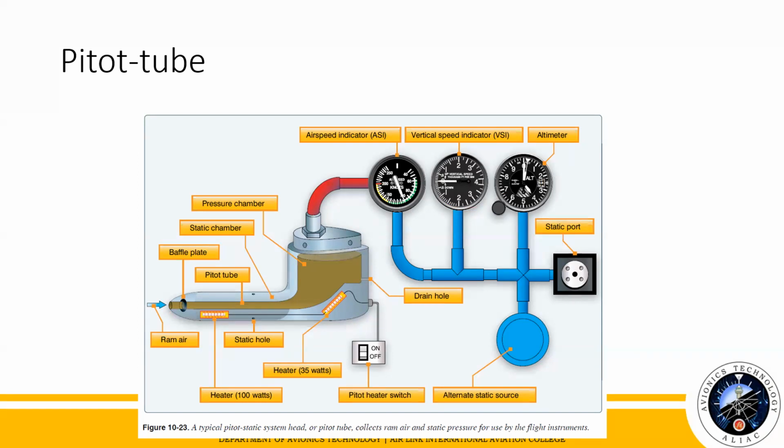Okay, so, please search kung ano ibig sabihin ng ram air. So, ulitin natin, yung opening ng pitot-static, which is nung pumapasok yung ram air, siya syempre naka-face dun sa may airstream to receive the full force of the impact air pressure as the aircraft moves forward.